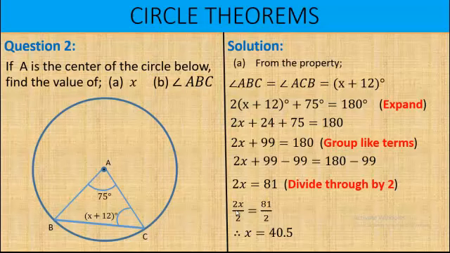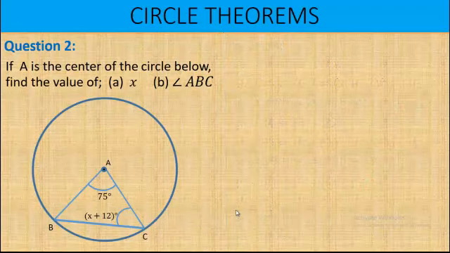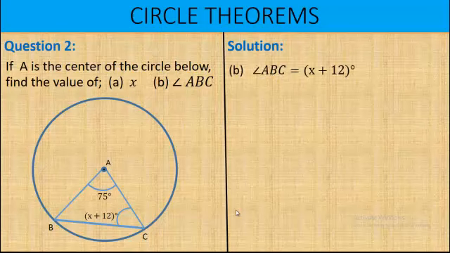So let's look at how to solve the B part, which is angle ABC. Angle ABC is equal to bracket open s plus 12 bracket close all degrees.